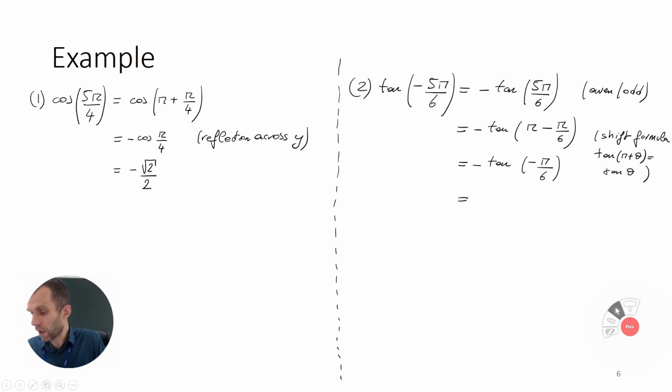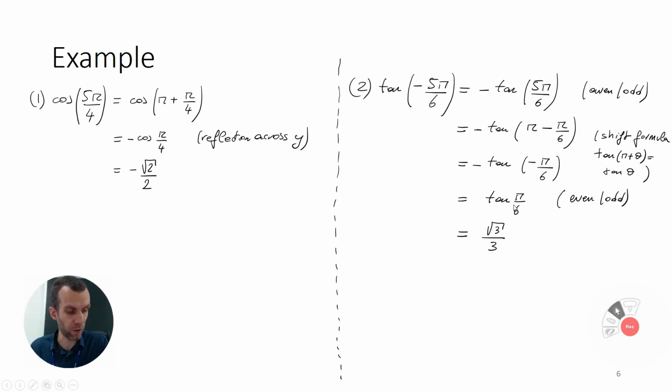And now, okay, I have again the tan of a negative number, so what I can do is take that minus sign outside and write this as tan of pi over 6. So, another application of the even-odd formula. Now I'm almost done. I can look back at my table or know by heart that this is square root of 3 divided by 3, because that was one of those special values.